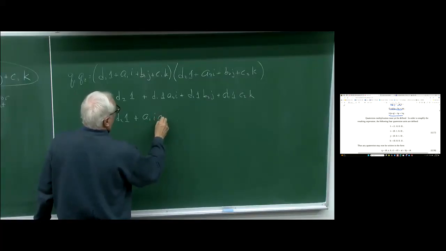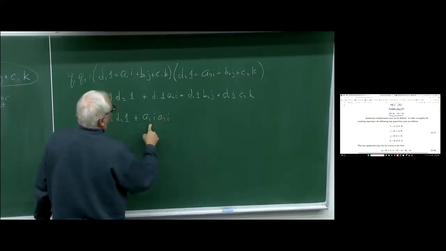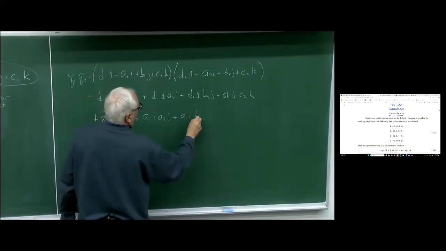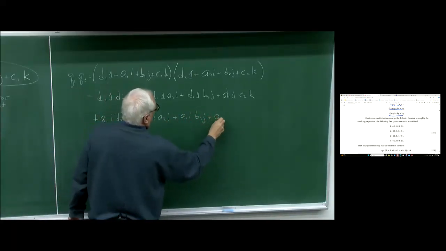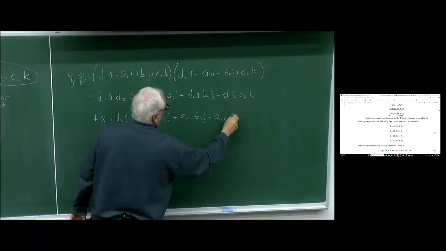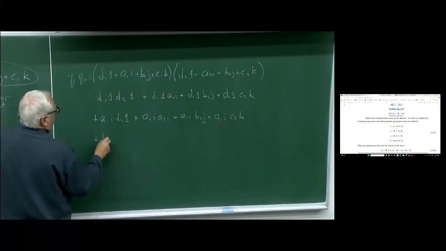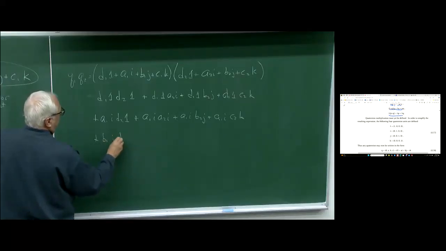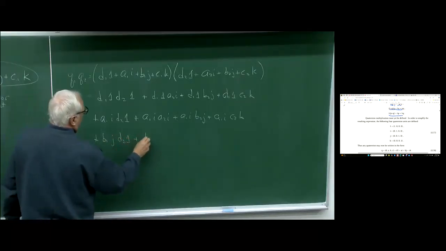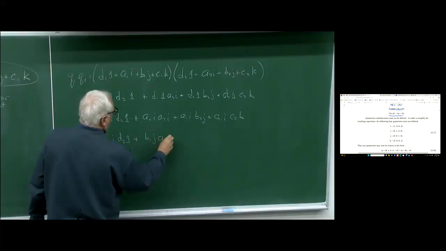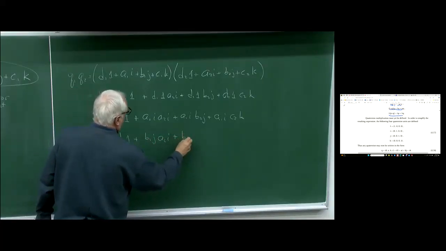We're just, so A1i times A2i plus A1i times B2j plus A1i times C2k. Oh man, this is getting tedious here. B1 times j times D2 times 1, j times A2 times i.